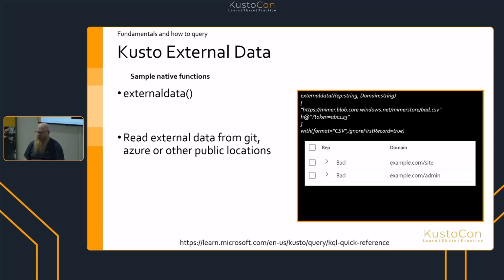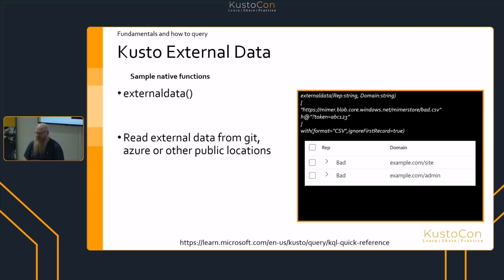If you can update this CSV file, or whatever format it is, in an automatic way, then we can use Kusto to read that data, as long as it is in a public place, such as an Azure storage blob, or on GitHub, or whatever it is.